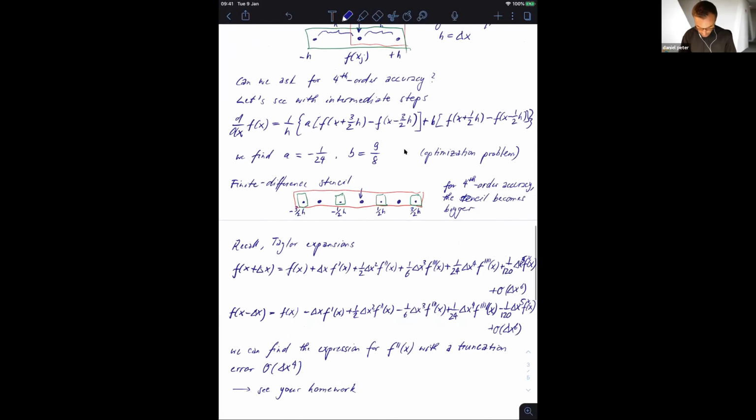So in seismology, what is often used is a fourth order scheme in space for the spatial derivatives and a second order scheme for the time derivatives.